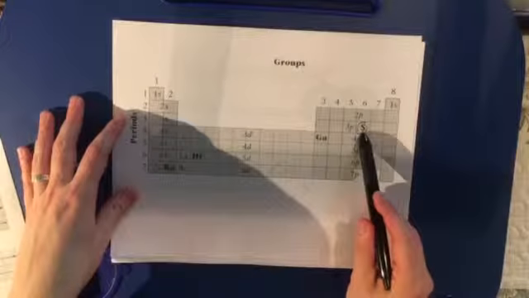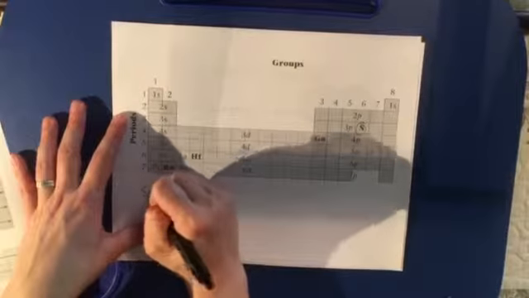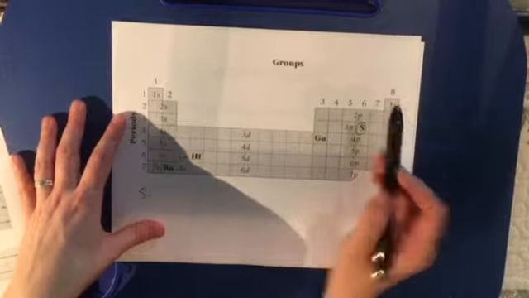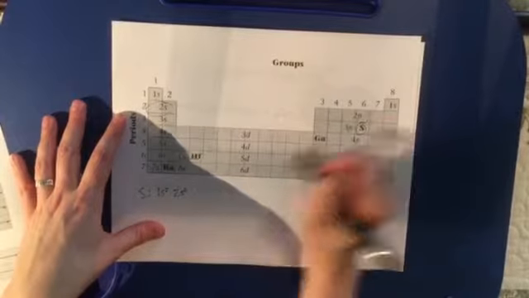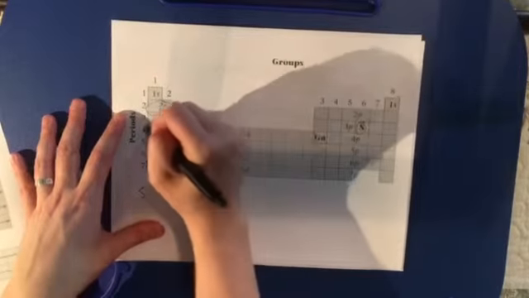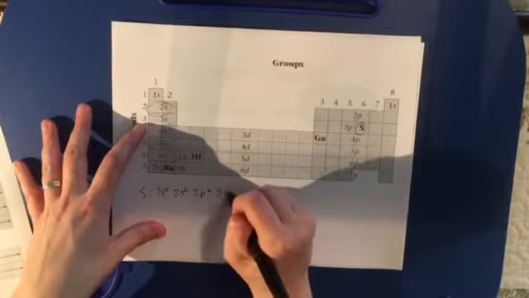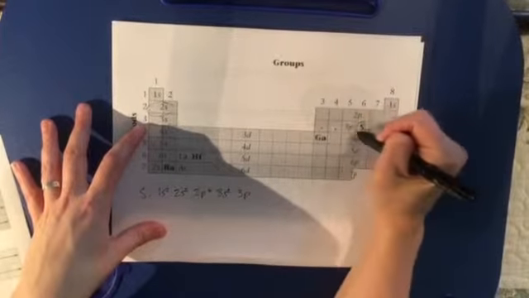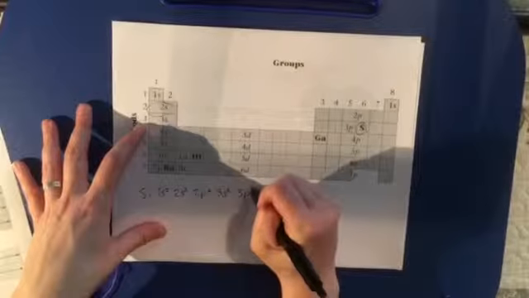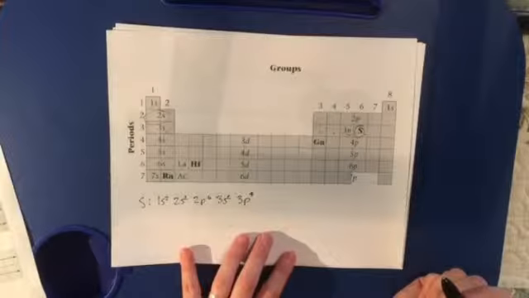And so the electron configuration then for sulfur would be 1s2, 2s2, 2p6 because it's filled, 3s2, and 3p, 1, 2, 3, 4, like that.